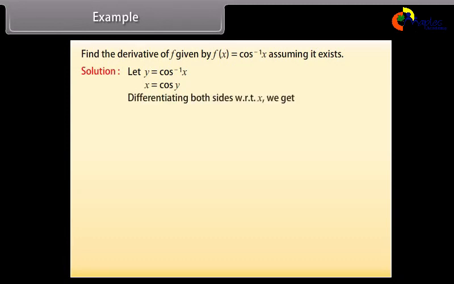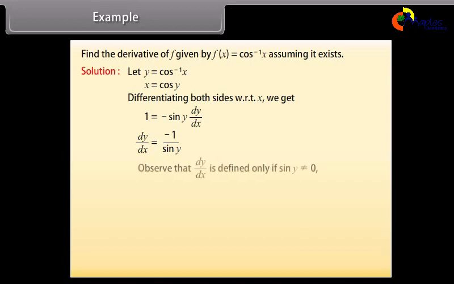Differentiating both sides with respect to x, we get 1 is equal to minus sin y into dy by dx. dy by dx is equal to minus 1 by sin y. Observe that dy by dx is defined only if sin y not equal to 0, that is, y belongs to 0, pi.